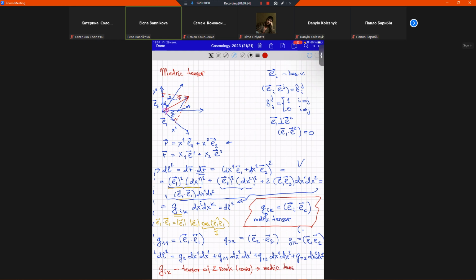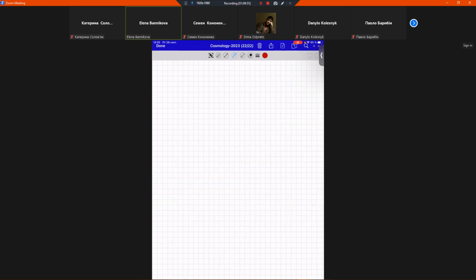But of course, we can also write a contravariant expression for the metric tensor.